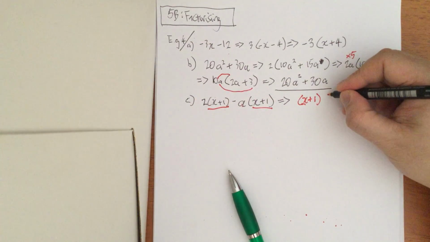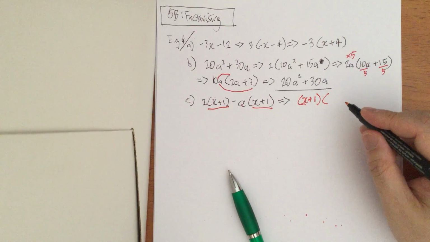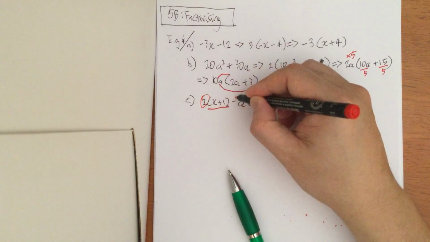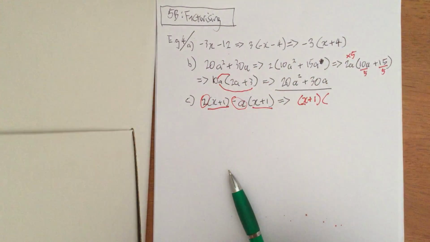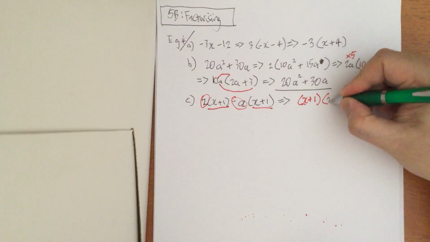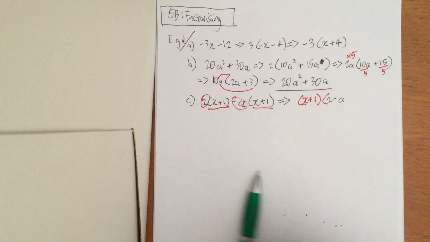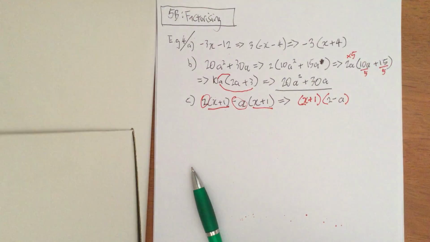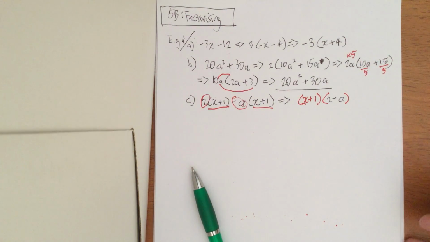It can be an expression. Now, whatever's remaining, well, 2 is remaining, negative a is remaining. You simply list them down in the second bracket. Nice and simple, okay? Well, I mean, if you do enough of this work, it should be quite simple. So, okay, now we're getting to a bit of bad news.